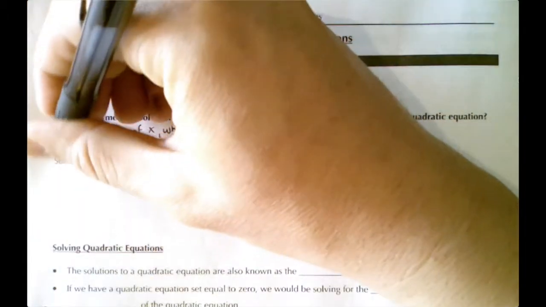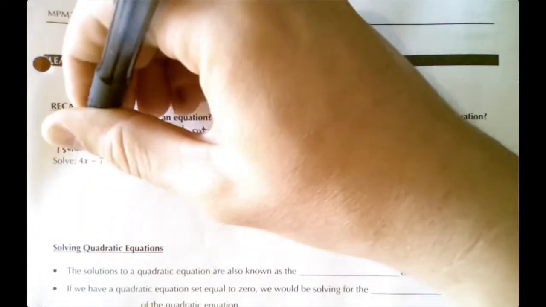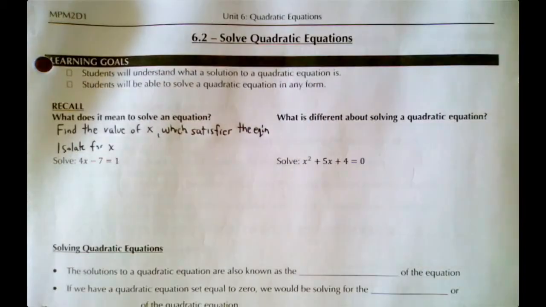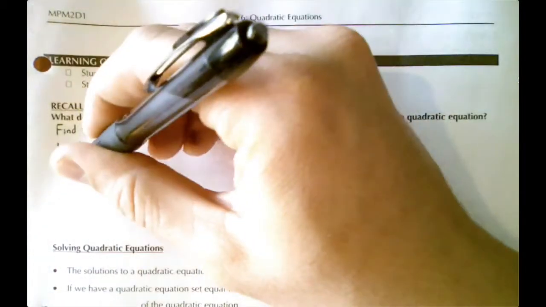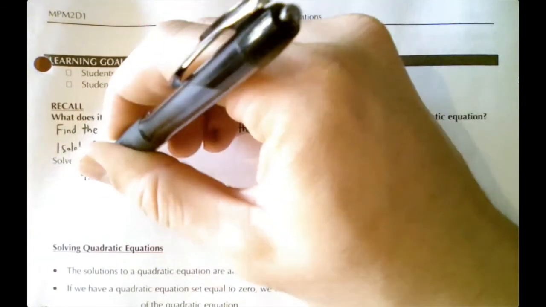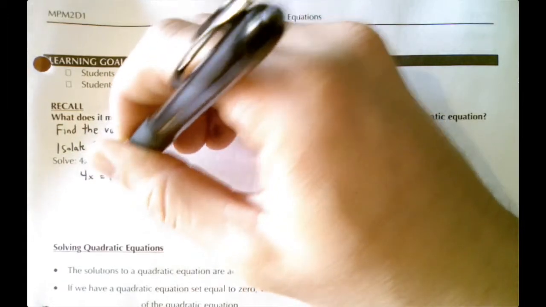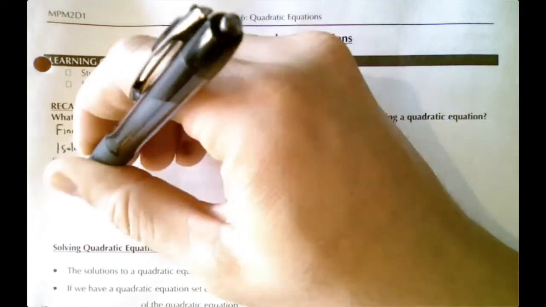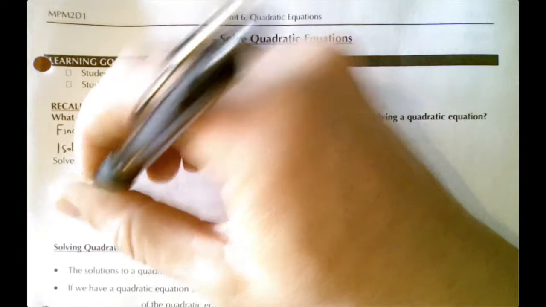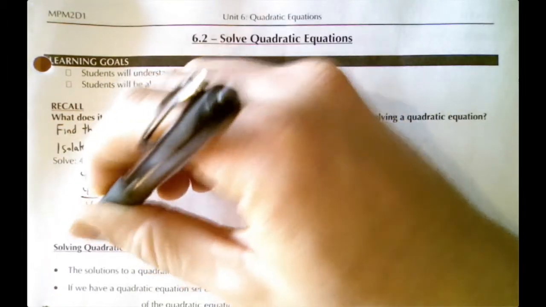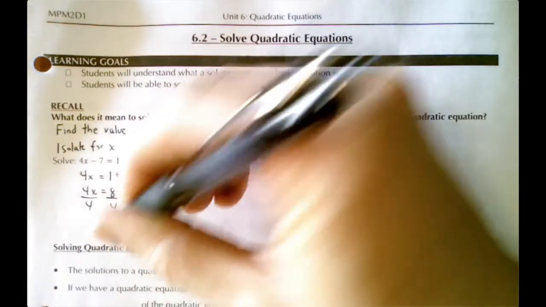And to do that, we would just isolate. So we take the negative 7 to the other side by adding 7. We'd get 8, and divide by 4, we get x is 2.